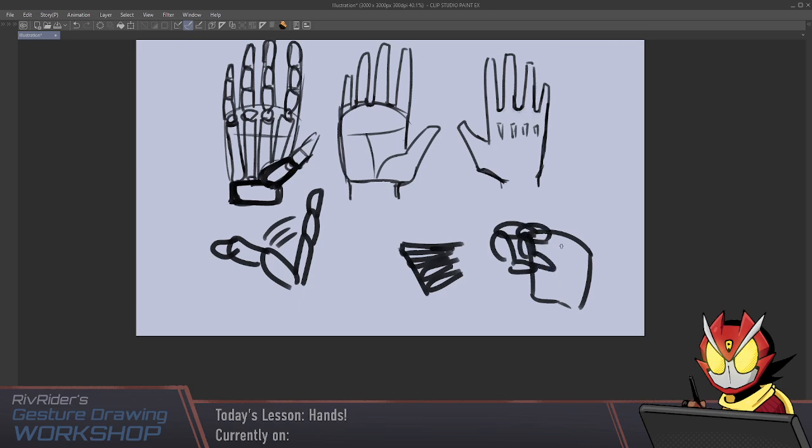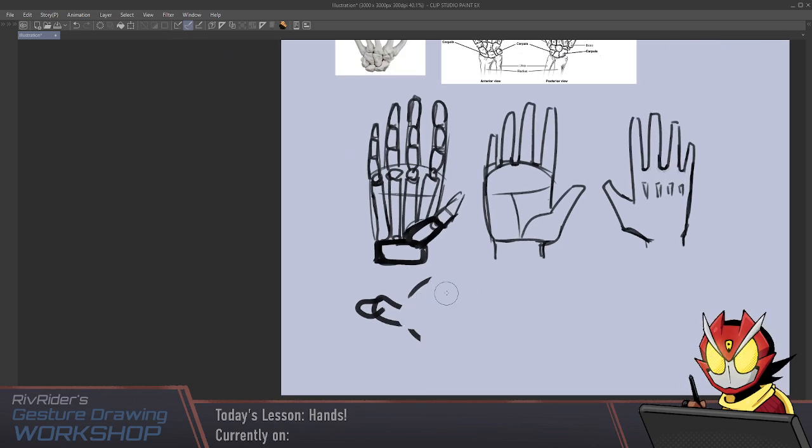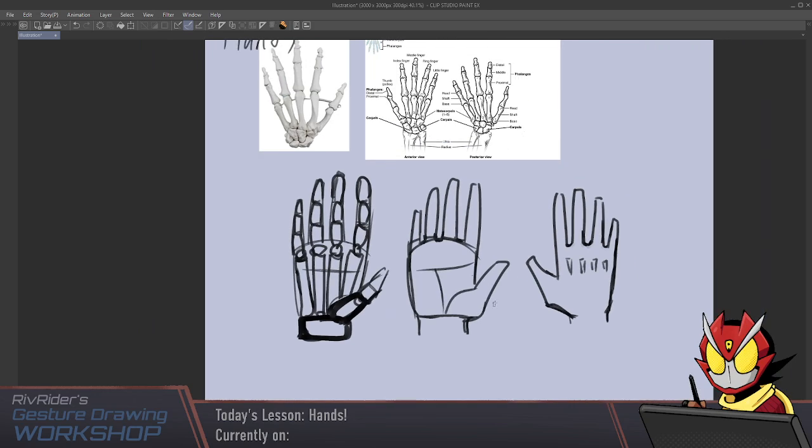Metacarpals are connected to your phalanges. You can't really curl your palm. It doesn't really happen because there isn't a wide range of motion except in the thumb itself. So there's that. And that's the basic anatomy.